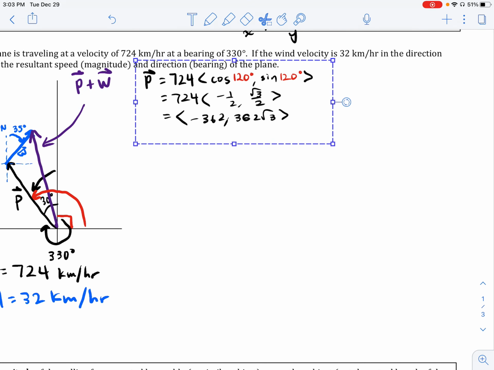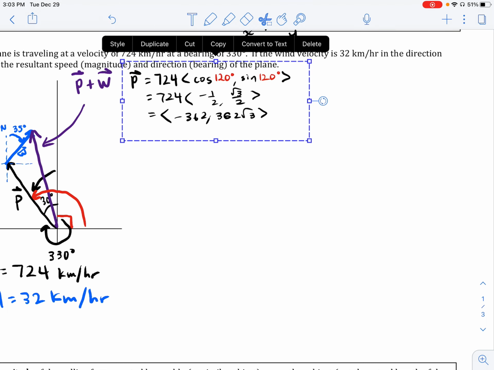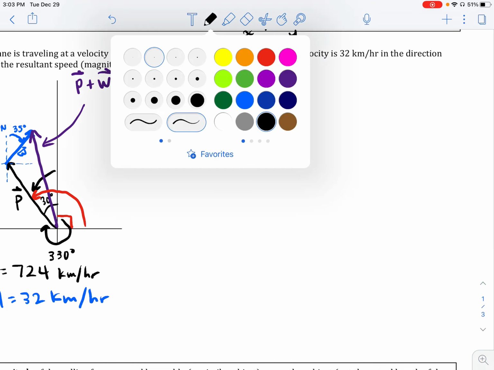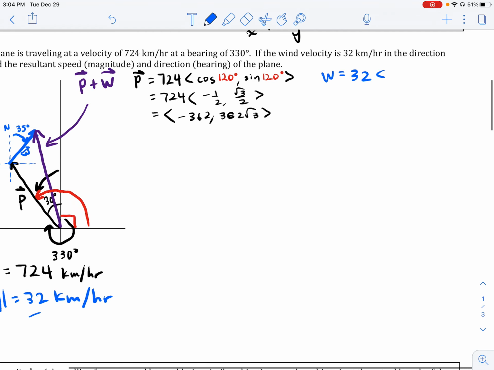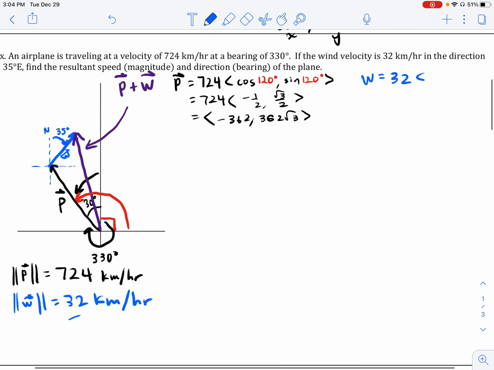Let me make this a little bit smaller here. So now let's do the wind vector, and the wind was in blue, so I'm just going to do this in blue. For our wind vector, its magnitude was 32 kilometers per hour times, what is the angle for our wind vector? Well, here we said it was 35 degrees.